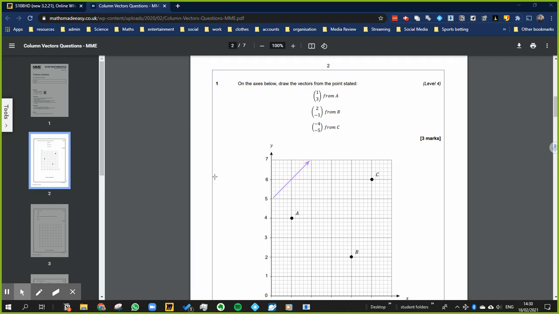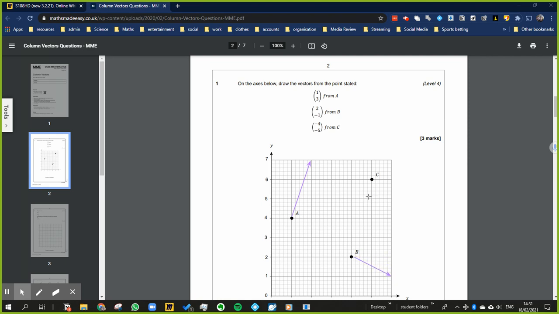So, 1, 3. What we want is something that's 1 across and 3 up, and we're going to do it from A. So it's that, because it's 1 across and 3 up. From B, it's going to be 2 across and -1 down. So that's 2 across, and it's going to go down by 1.